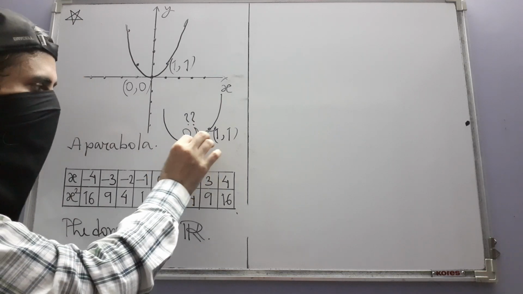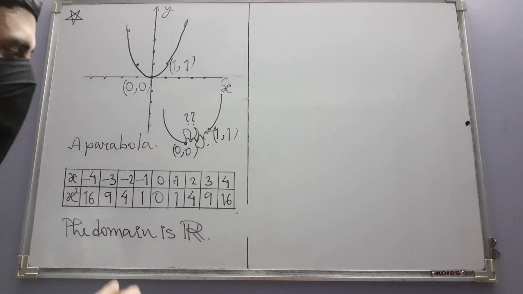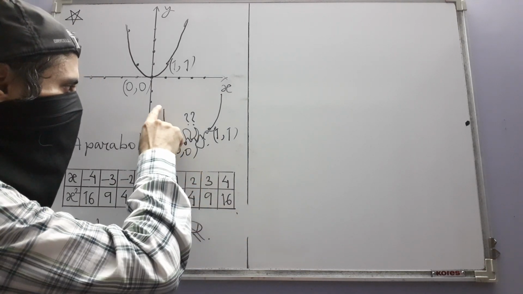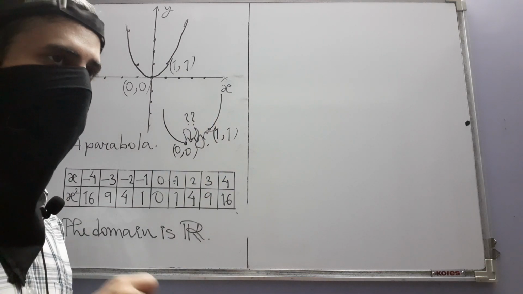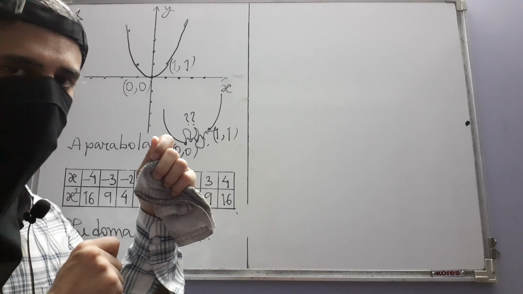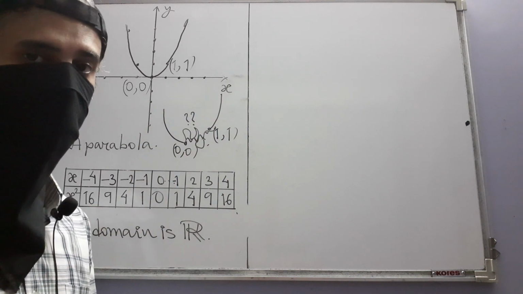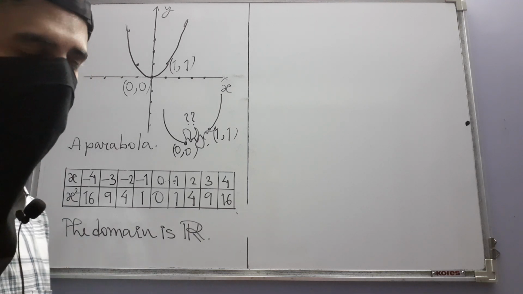Say someone adamantly makes a statement that, no, what are you doing? You are taking only a few points and you are claiming that the graph is in one piece. I am telling you that the graph actually is broken somewhere. It's not a continuous curve. How will you refute that claim? Okay, such questions will be handled in calculus.